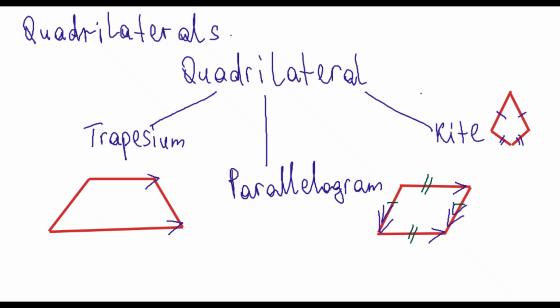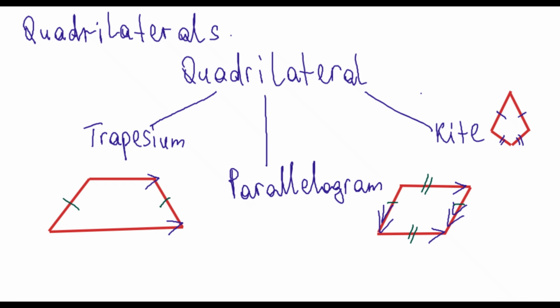What about trapezium? So in trapezium, we said that only one pair of parallel sides, and that sides are not equal to each other. Sometimes this slant sides can be same. Then we call it isosceles trapezium.